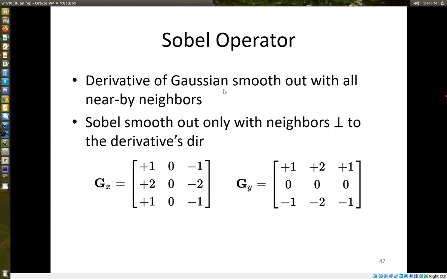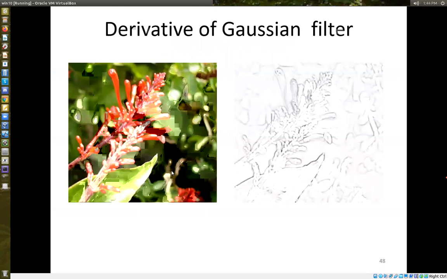Compared with Sobel and this derivative of Gaussian, note that for the Sobel filter we're only smoothing along one direction, while with derivative of Gaussian I'm smoothing along both directions. It may be good or bad. I will show you a demo, then you can decide yourself. It turns out all of these are not as good as a very common edge detector, the Canny detector, but you'll see about that.